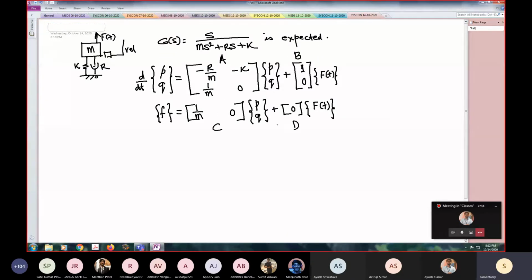So we have our A, B, C, and D matrices. We know our transfer function matrix because this is a SISO system, single input, single output, so we will get one transfer function.